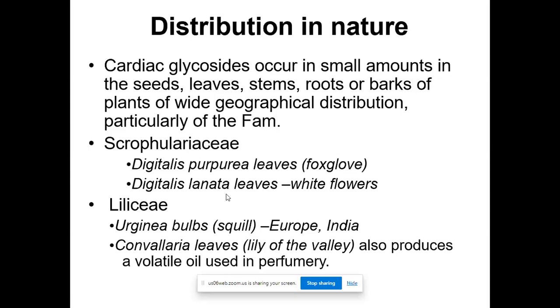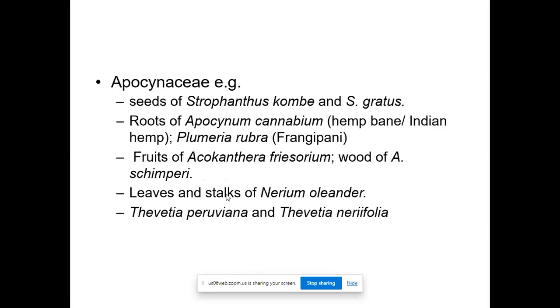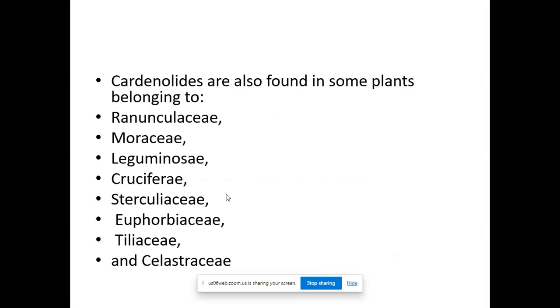We have the Liliaceae, the Apocynaceae family, and the Ranunculaceae, which are the main families in which the cardiac glycosides are from.